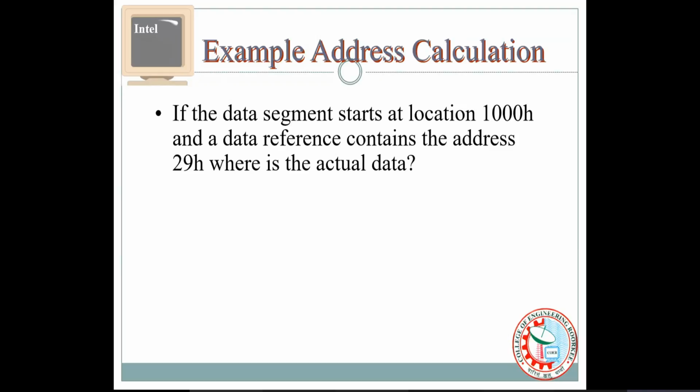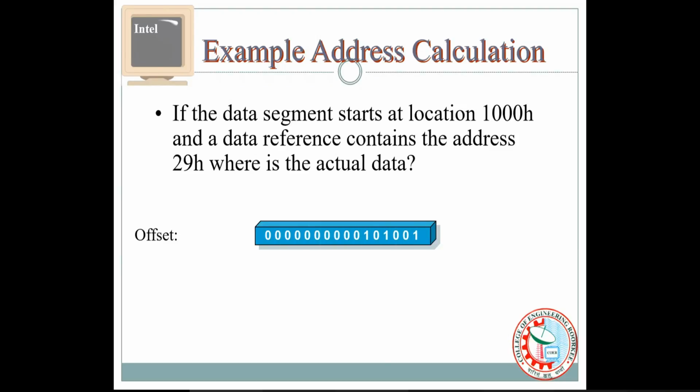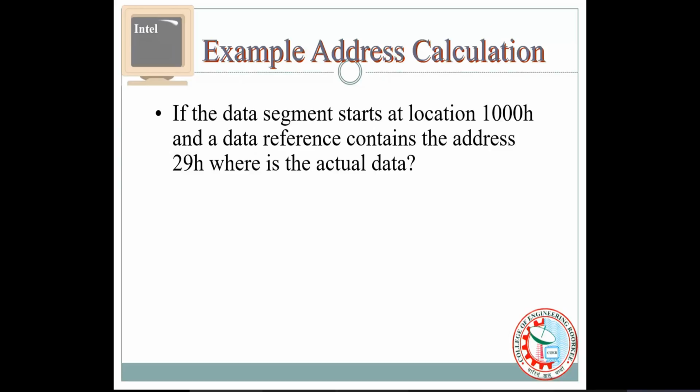Can anyone tell me the answer? If a data segment starts at location 1000 and the data reference contains the address 29H, where is the actual data?